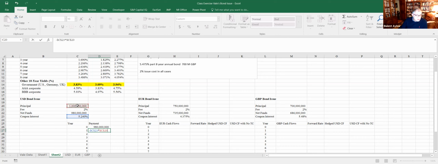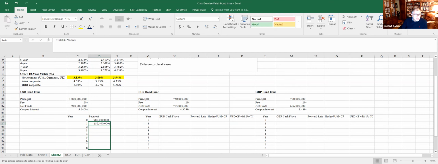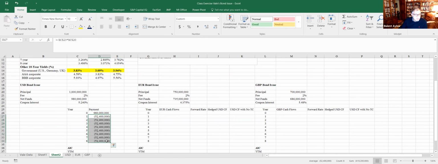Interest is going to be charged on the face value of the bond. So the annual cash flow in US dollar terms is going to be $52,400,000 per year. So let's copy these through.